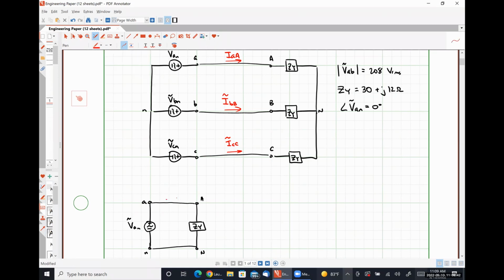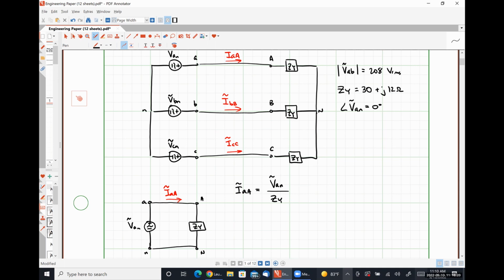And our quantity of interest is our line current, the current flowing from transmission line lowercase a to transmission line terminal uppercase A. So it stands to reason then that we can easily see our line current IAA using our single phase equivalent circuit is just going to be our voltage VAN over ZY.